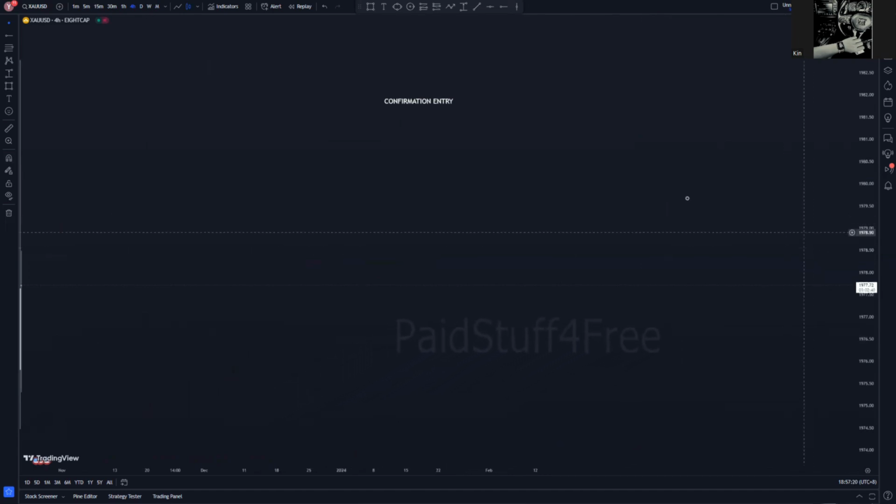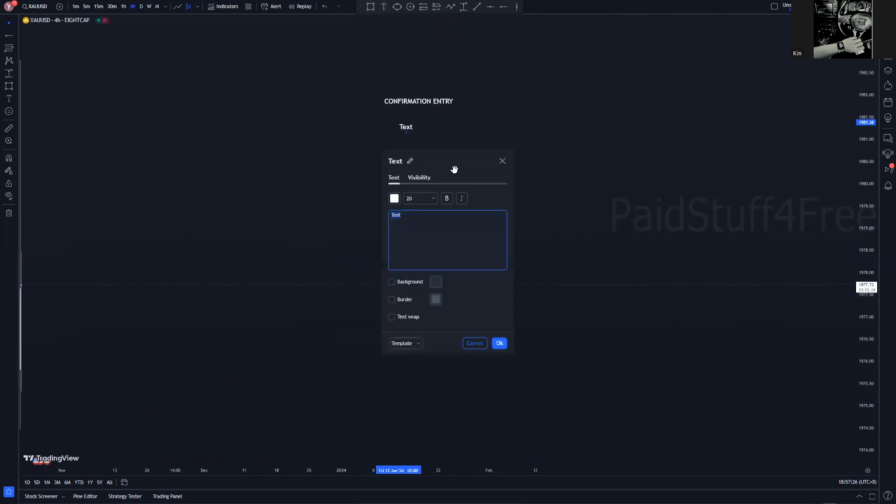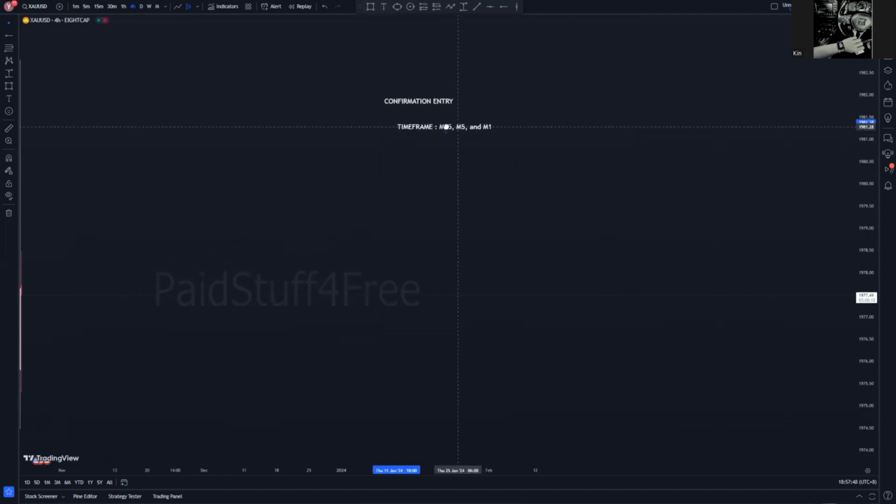Talking about the confirmation entry, the time frames that we're going to work with inside of this topic are M15, M5, and M1.